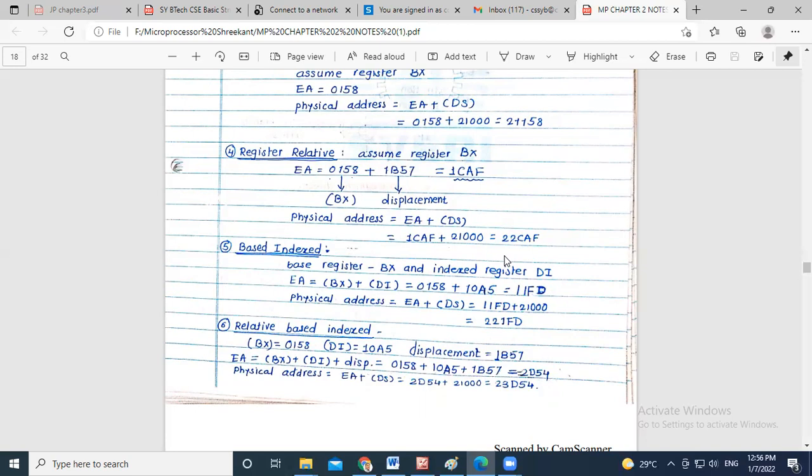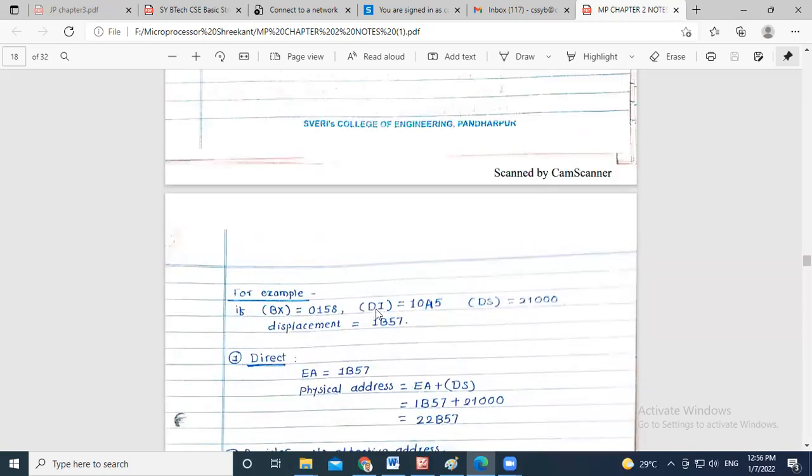So next I will move to based index addressing. In that, we have to calculate the effective address using BX plus the destination index. BX is 0158, as we found earlier, and DI is 10A5, as given in the question.